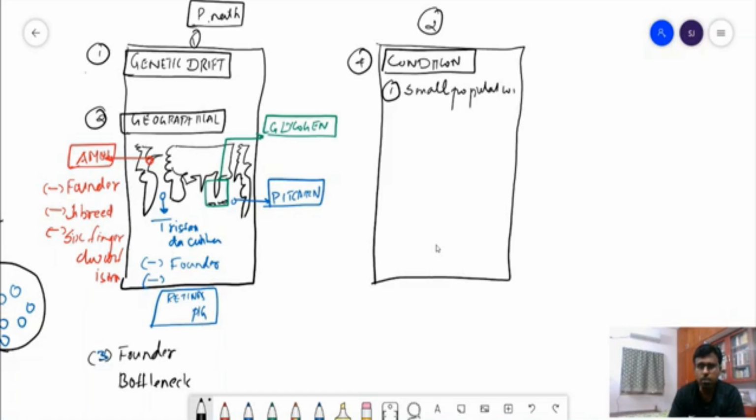Why small population? Let us assume the population is large, they will have more genes.